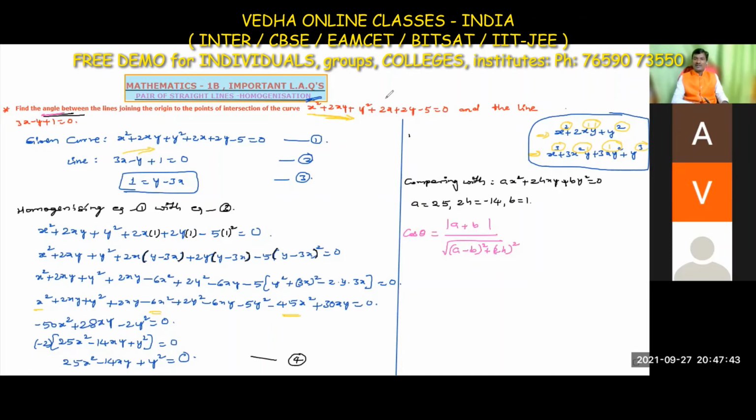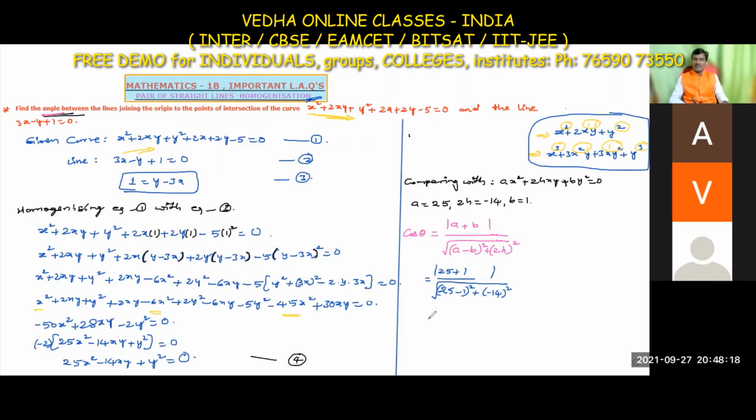Either we can write 2h whole square or 4h square here. Both are the same. Just substitute all the values: a value 25, b value 1, whole divided by a minus b, which means 25 minus 1 whole square, plus 2h value, minus 14, whole square. For this we have whole root and modulus symbol.